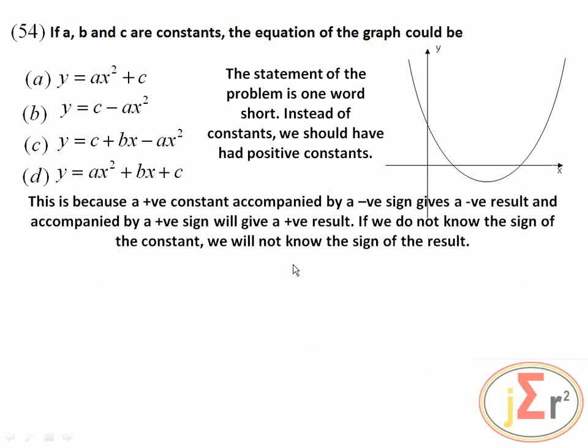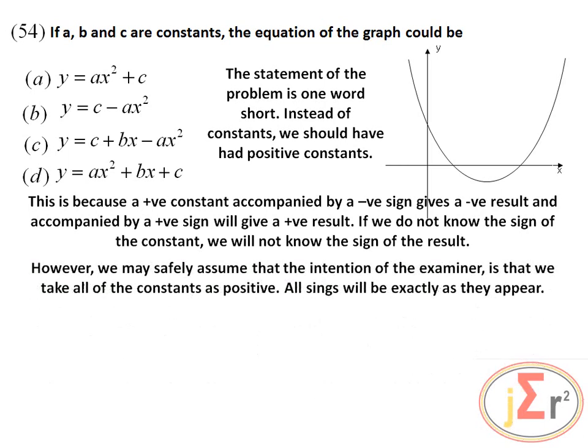This is because a positive constant accompanied by a negative sign gives a negative result, and accompanied by a positive sign will give a positive result. If we do not know the sign of the constant, we will not know the sign of the result. Therefore, we need to specify the sign of the constant.